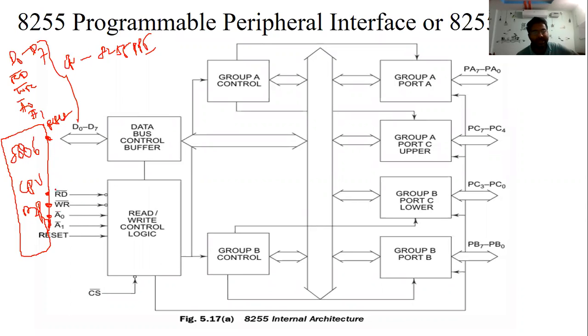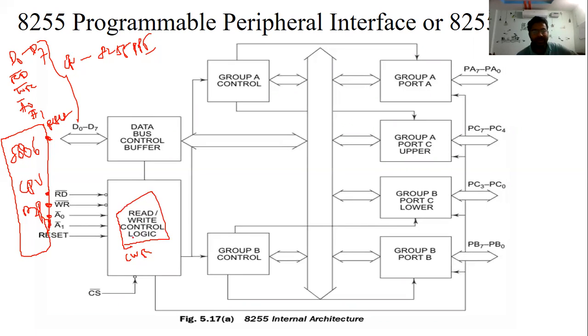So these RD bar, WR bar, A0, A1 are connected to the important read and write control logic. In this one we have the CWR.